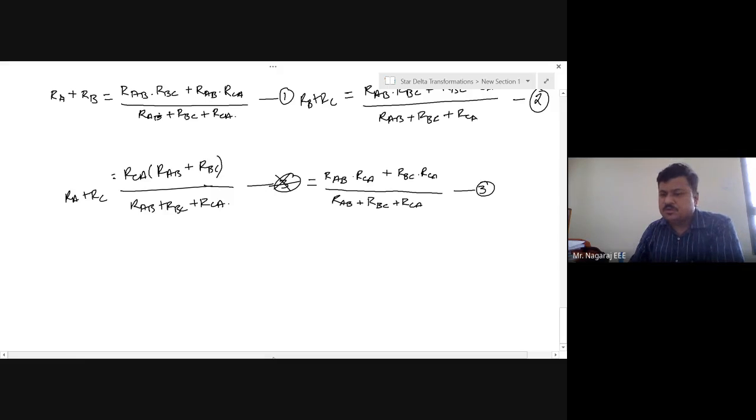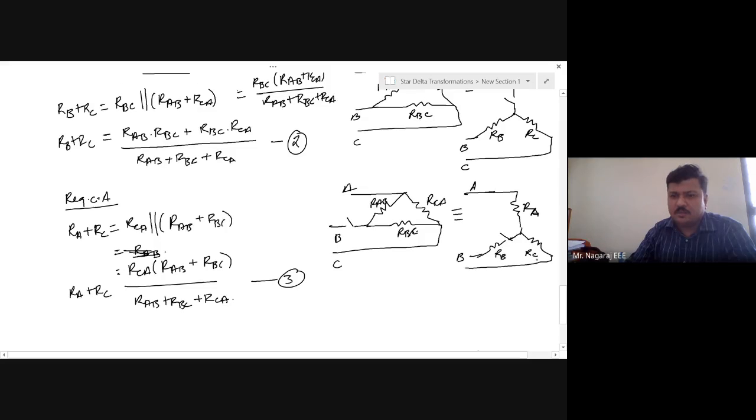Now I will take equation 1 minus equation 2. All these things are for my algebraic simplification. I take equation 1 minus equation 2 because I want the equivalent values in terms of RA, RB and RC.